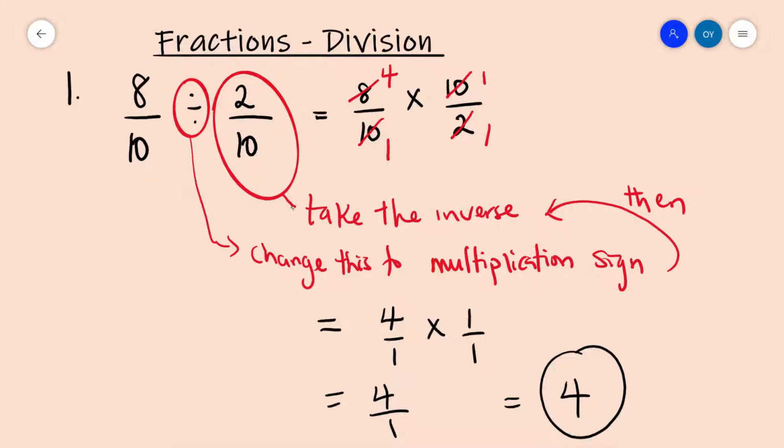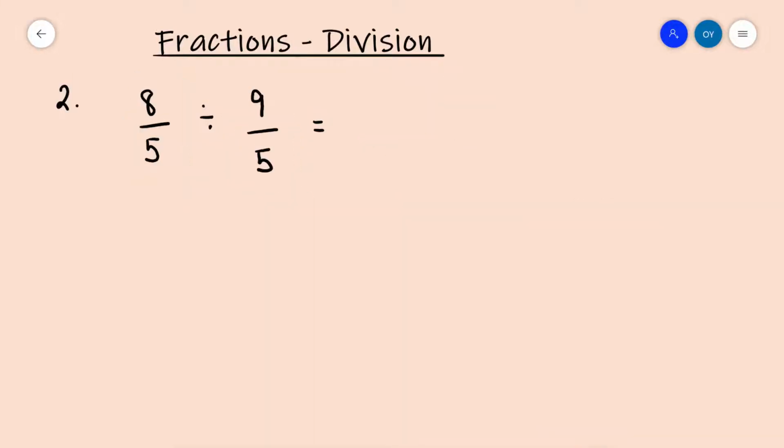The second example is 8/5 divide 9/5. So we have 8/5. We change the division sign to multiplication. Then we do the reciprocal of 9/5, and that is 5/9.